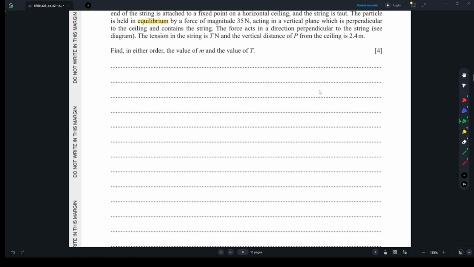Since the particle is in equilibrium, I will consider the right direction.